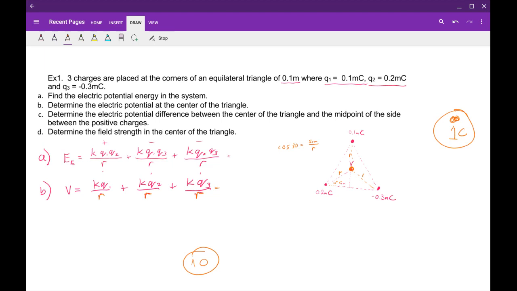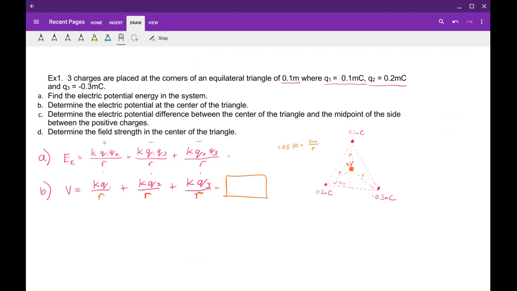It's the energy required to move from infinitely far away to the center of that triangle, if I had a full coulomb while I was moving there.